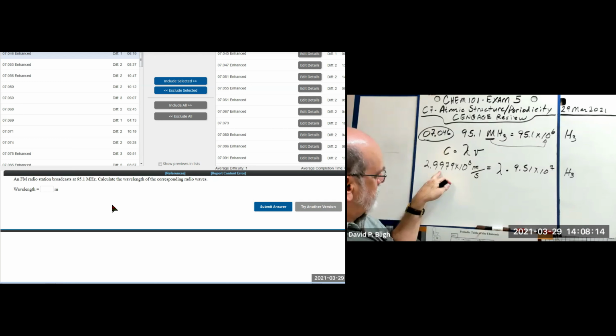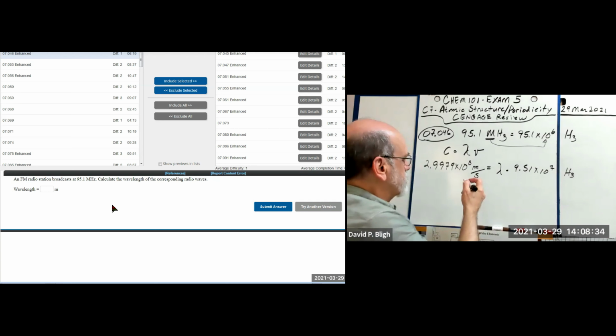So we just divide this by that number. (9.51 exponent 7) divide. So I get 3.15 meters.